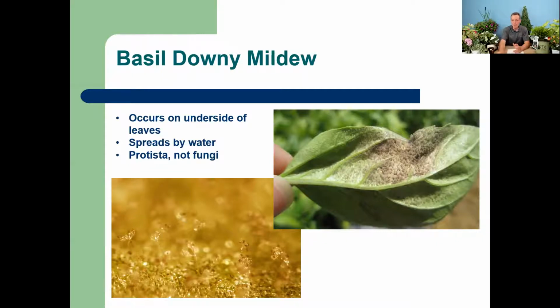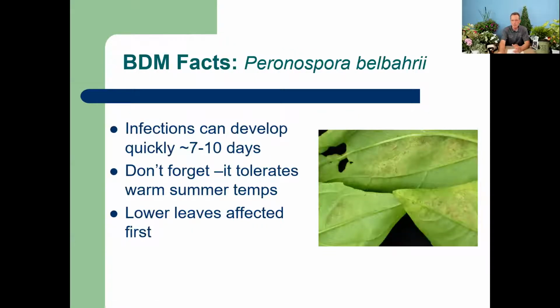When the summer heat arrives and things start to get warmer, this problem will go away. But it didn't. This was a different strain of mildew that's specific to basil plants. And one of the things I saw right away is it remains active even under warmer temperatures. So this is pretty aggressive.